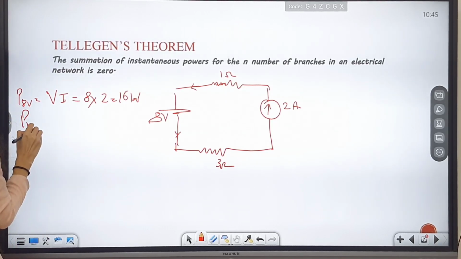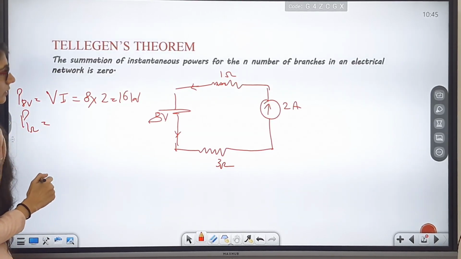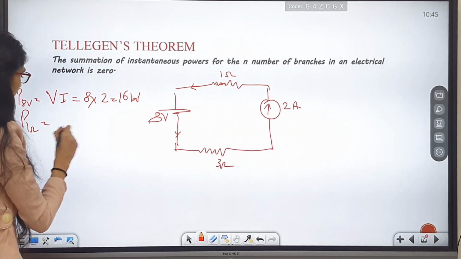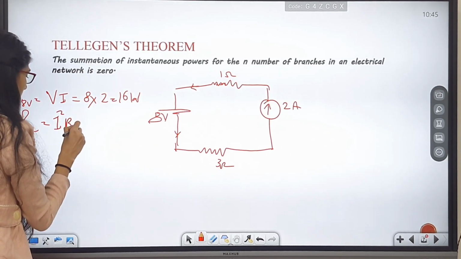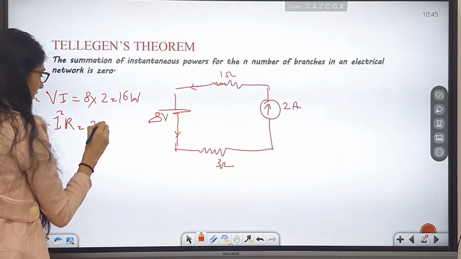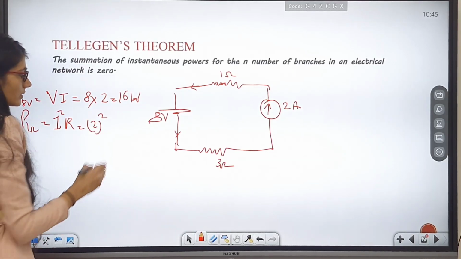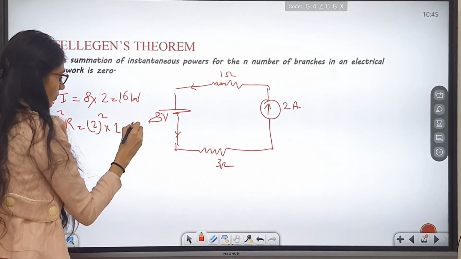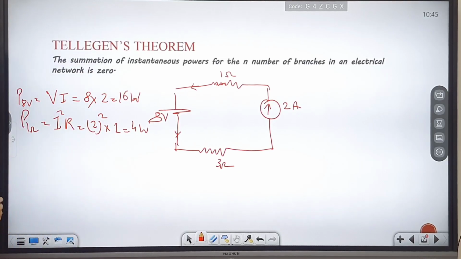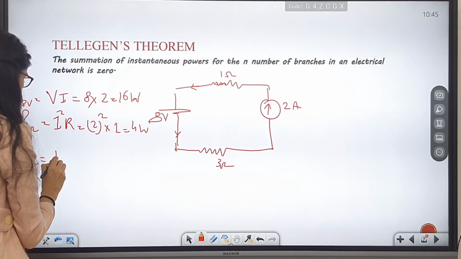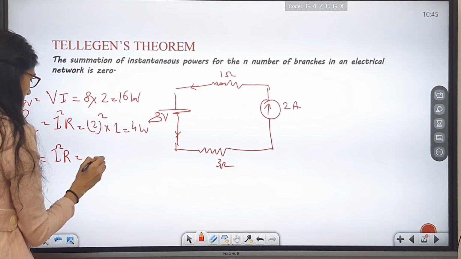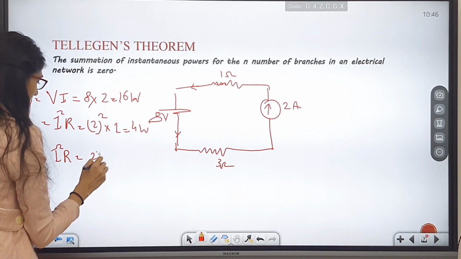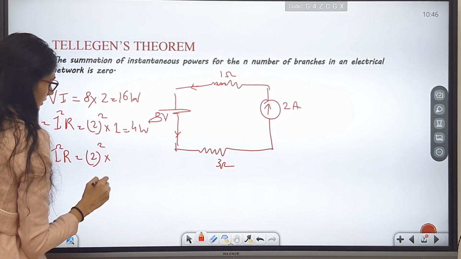The power absorbed by the 1 ohm resistance is I square R. Current is 2 ampere, resistance is 1, so it is 4 watt. The power of the 3 ohm resistance is I square into R. Current is 2 and resistance is 3.